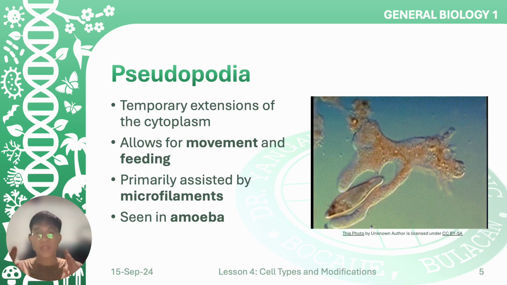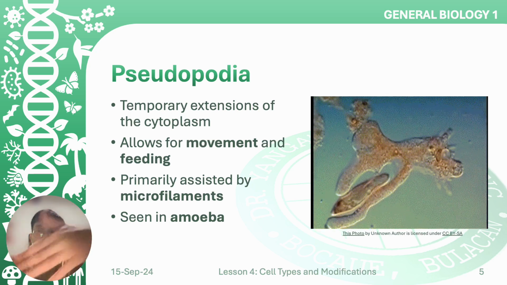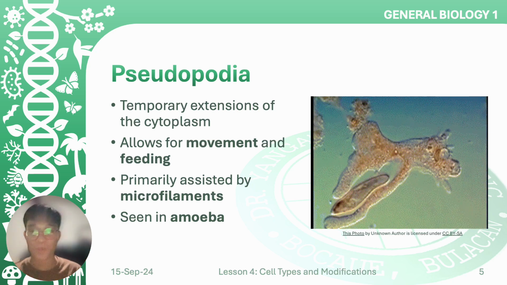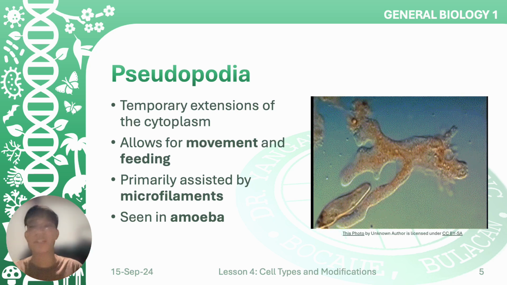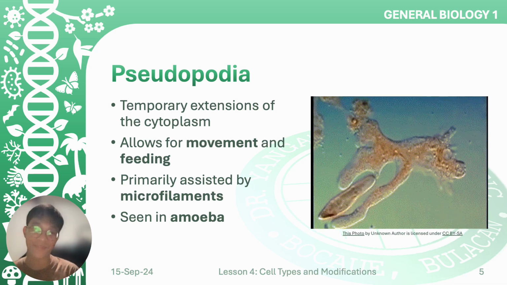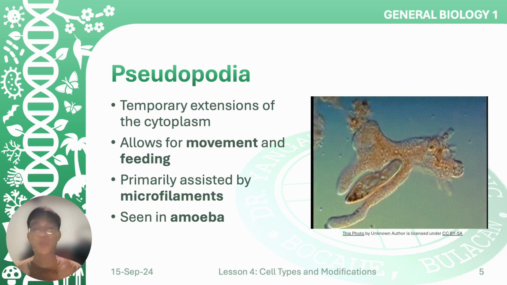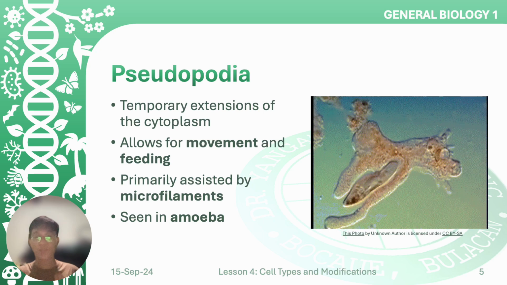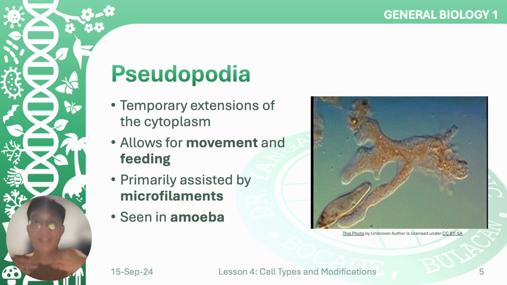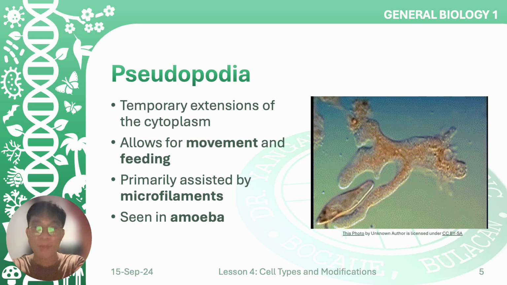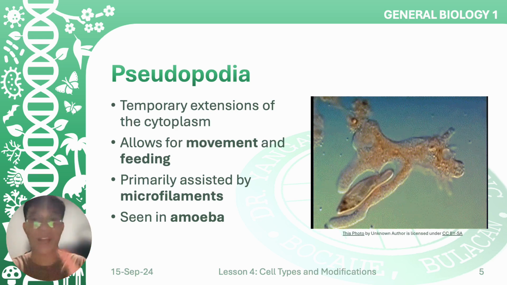It will extend its pseudopodia like that, and it will later feed on the paramecium so that it will enclose the paramecium inside and then digest it for its nutrition. So again, the pseudopodia is being used for movement. It will extend its pseudopodia and then move to the next part and then extend its pseudopodia again until it moves to the other areas.